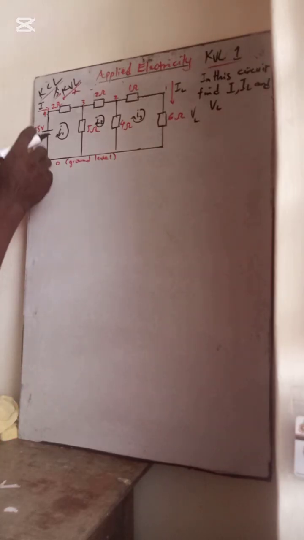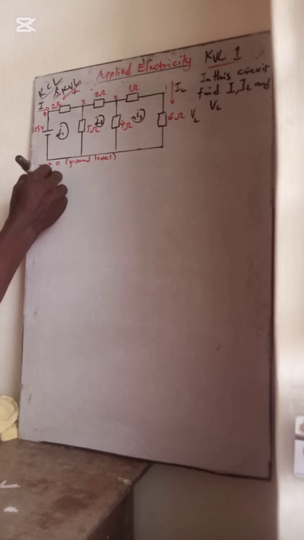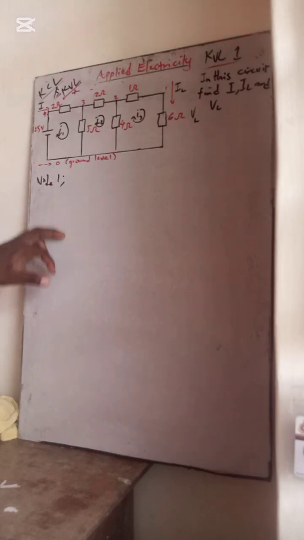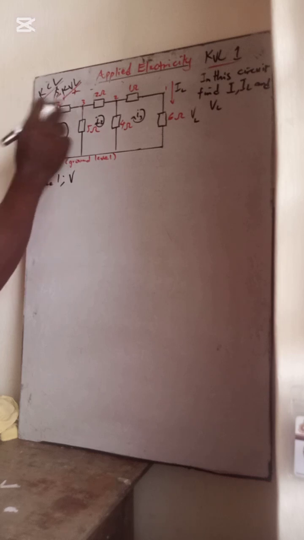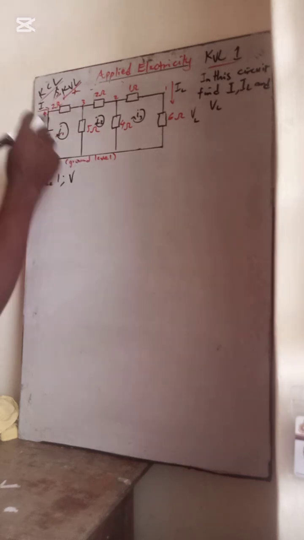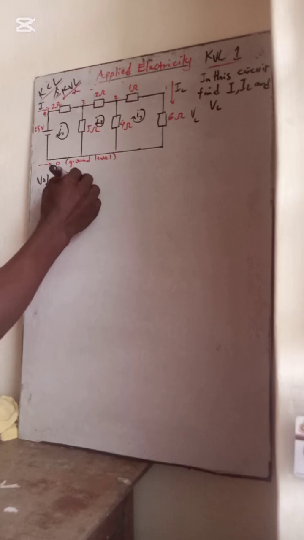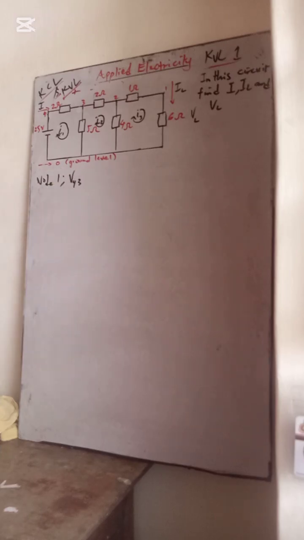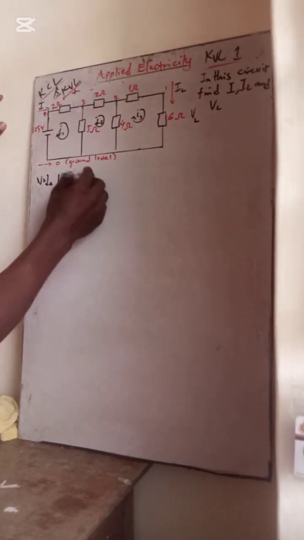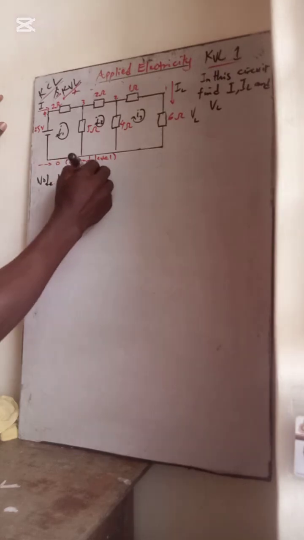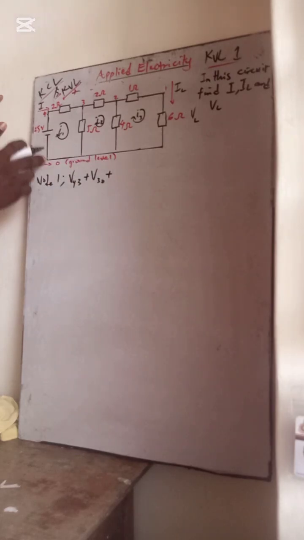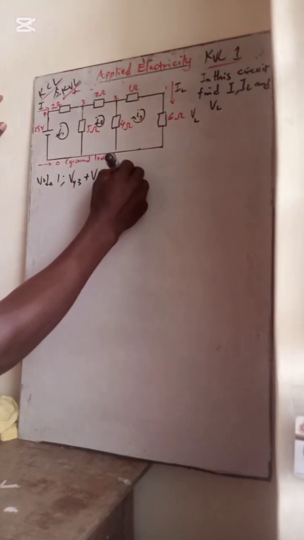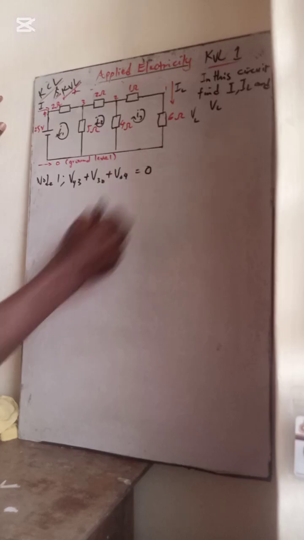For loop 1, you have the voltage flowing here, that's V43, and the voltage here, this is the ground level, 0, plus V30, plus the voltage. There's no voltage here, so there's another voltage here which is V04, must be equal to 0.